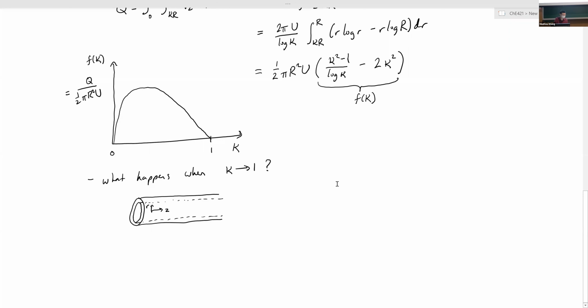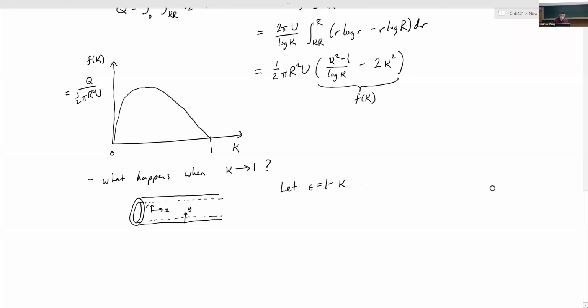Perhaps it then makes more sense to define a new set of axes. I'll say a y that starts right there. Okay, and y starts at the outer surface and increases as I move inward. Okay, and also we will let some sort of epsilon equal 1 minus kappa.